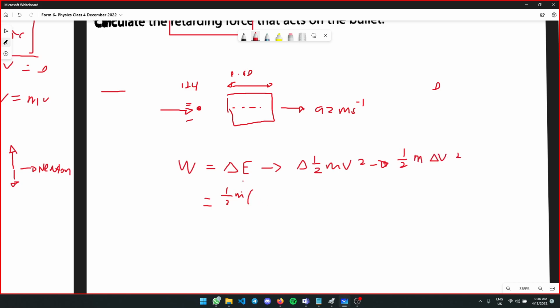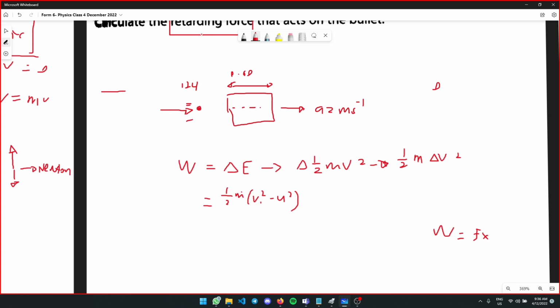So it will be 1 over 2 m (v squared minus u squared), and this is W. How do you find the retarding force? Remember W is still Fx.